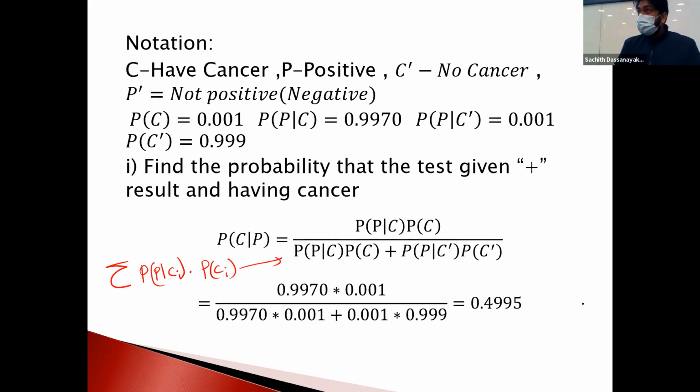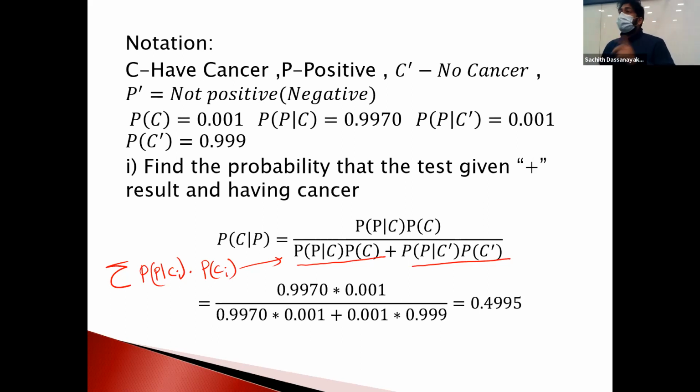Here I mean C or C dash. That's why we have these two parts. This is for C and this is for C dash. We have only two. So the sum is like this.